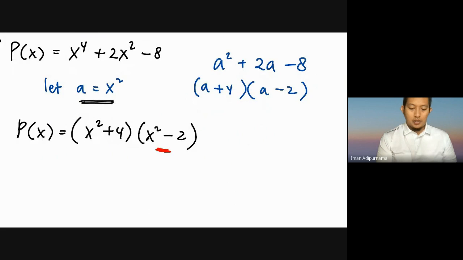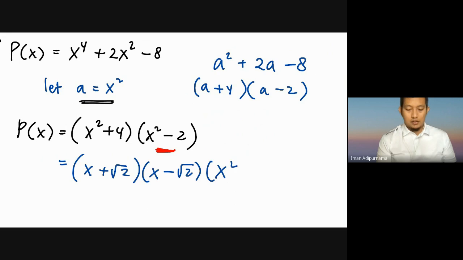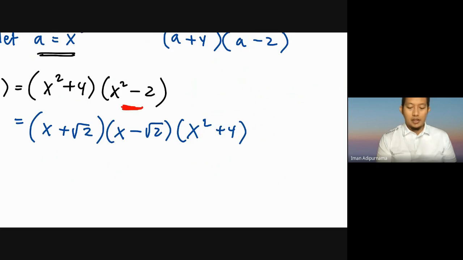This one here, the x squared minus 2, we can factor and make it x plus square root of 2, x minus square root of 2, and then this is still x squared plus 4. And if you look at this x squared plus 4, because it has complex zeros, we cannot factor it in terms of real.